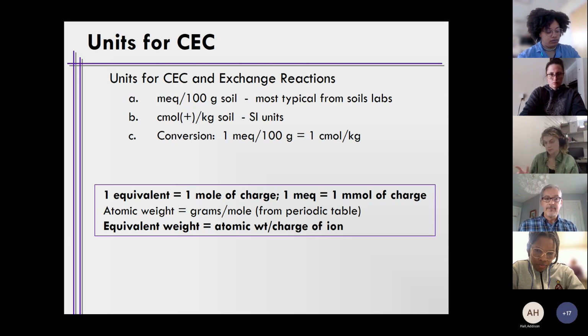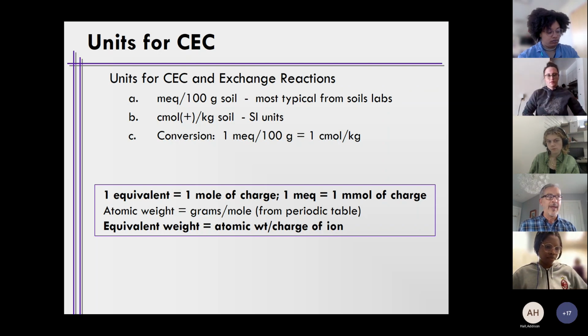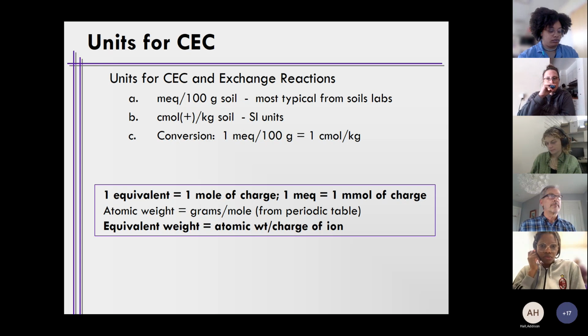And the unit of negative charge is milliequivalent. And then we just put it on a 100-gram basis, right? It's a goofy unit. You can't weigh a milliequivalent on a balance. You usually weigh grams, kilograms, or ounces or pounds on a balance. You can't weigh milliequivalents, but we can determine it, right? And it's simply a unit of charge.